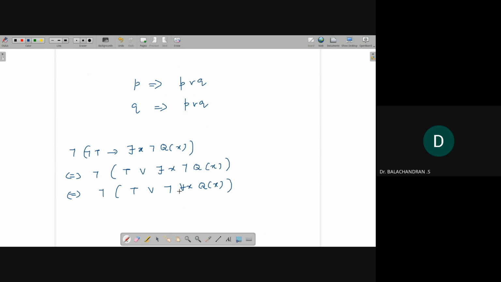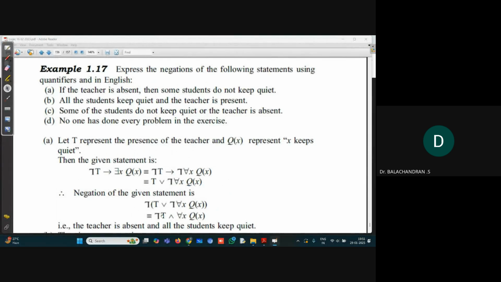Now I'll take this negation inside. We'll get negation T, and the negation gets cancelled: for every x Q of x. So check it: negation T and for every x Q of x.